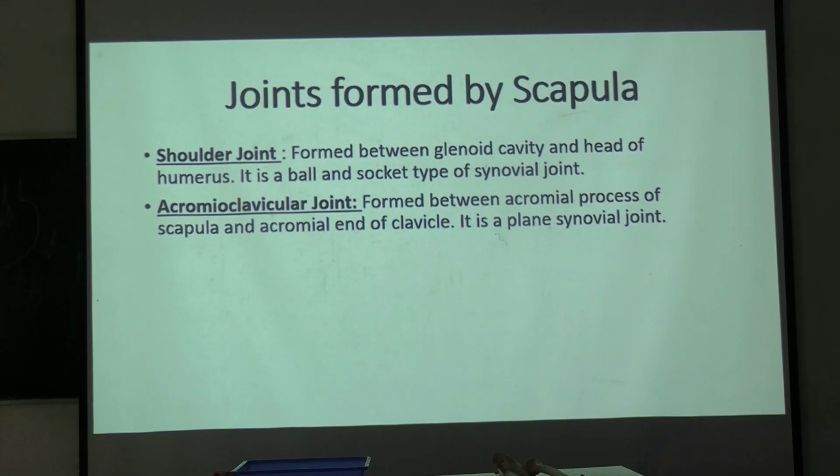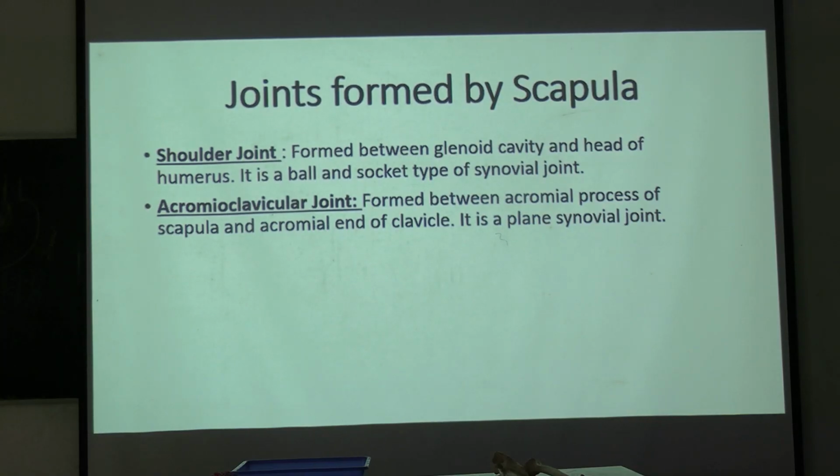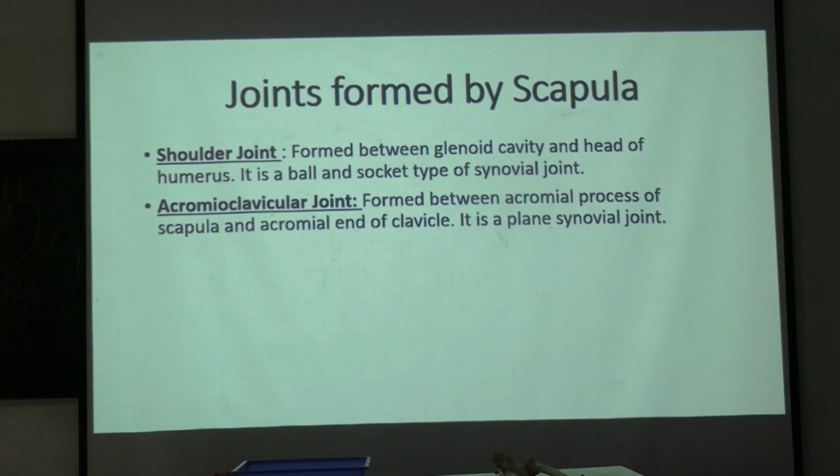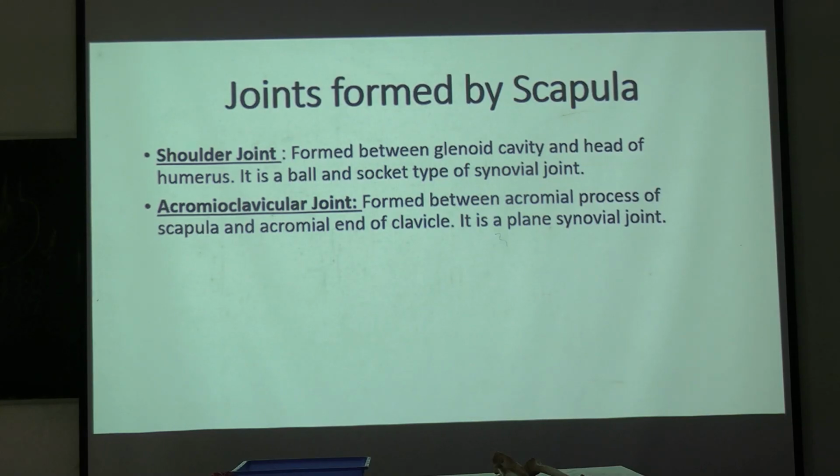It is formed between the acromial process of the scapula and the acromial end of the clavicle, and it is a plane type of synovial joint. Understood? So the types of joints are important. The shoulder joint is a ball and socket type of synovial joint, and the acromioclavicular joint is a plane type of synovial joint.